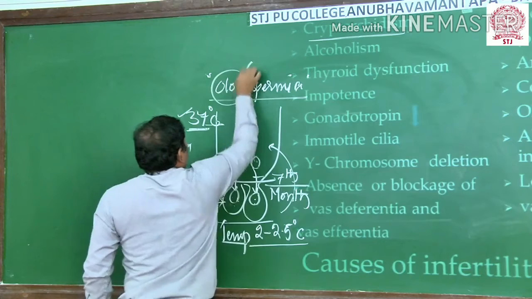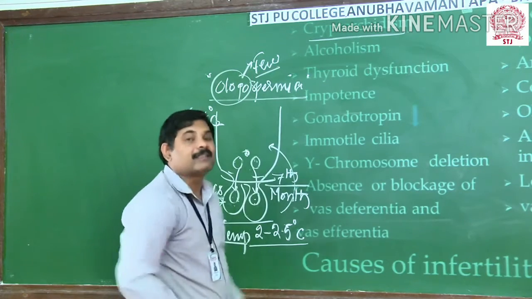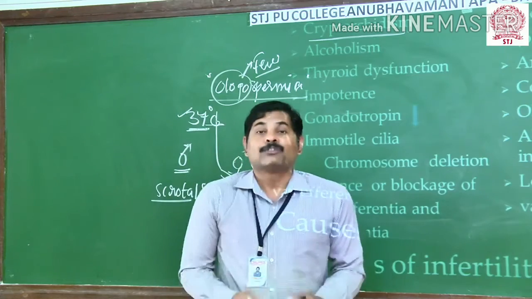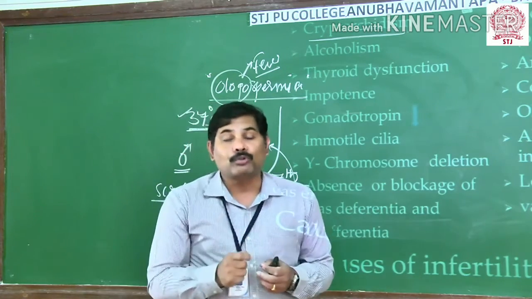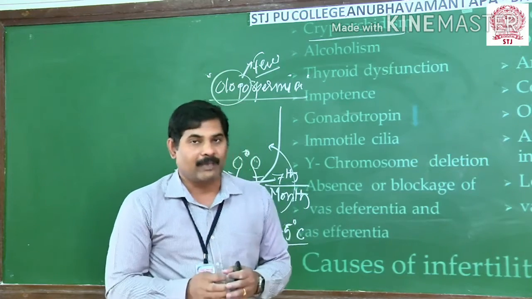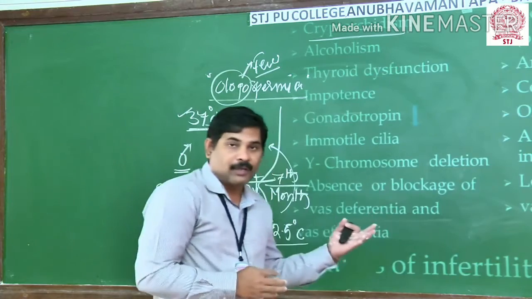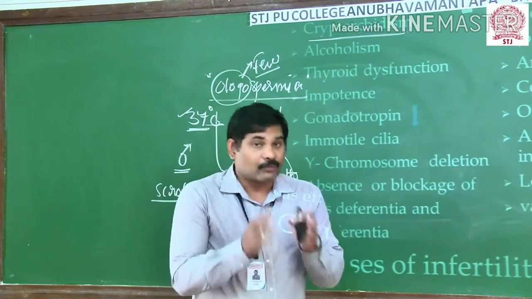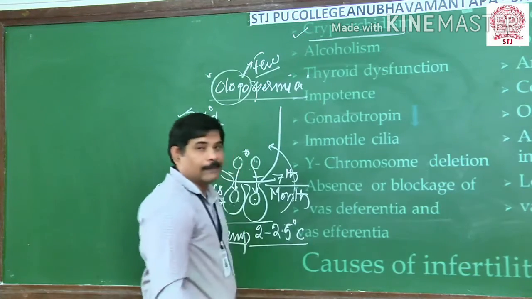Oligo means very few, and spermia means spermatozoa. So the number or count of sperms in the semen will be very low, and since the number is very low, there is no possibility of conceiving.